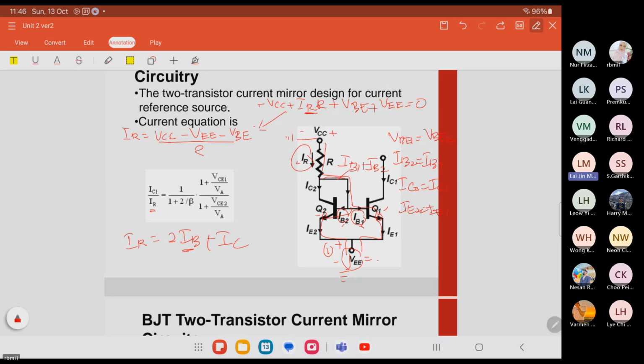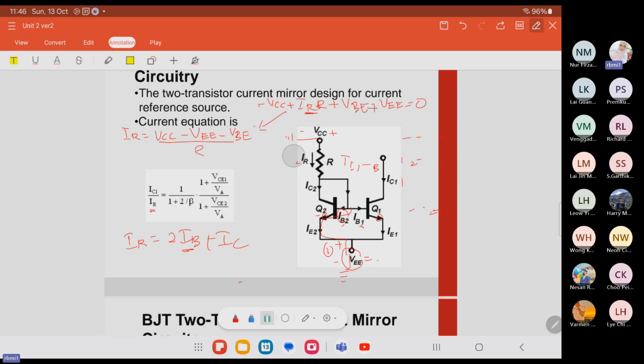Miss, can you explain again the 2IB? Okay, I erase this one first. Okay. I hope you understand why all the parameters for these two transistors are the same, because they are identical transistors. Why is it 2IB? Because now let's say IR is this one.